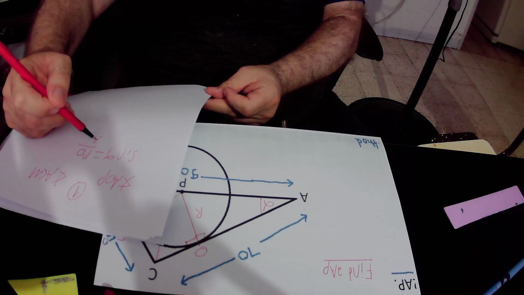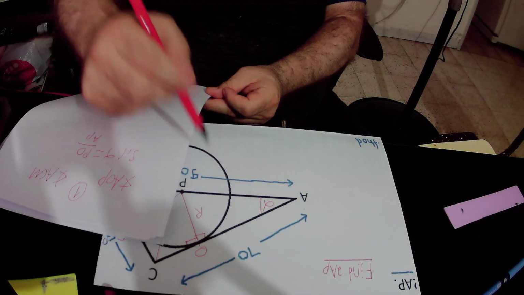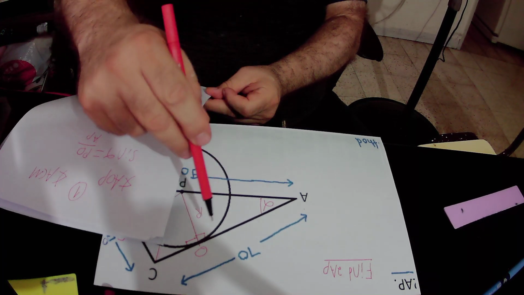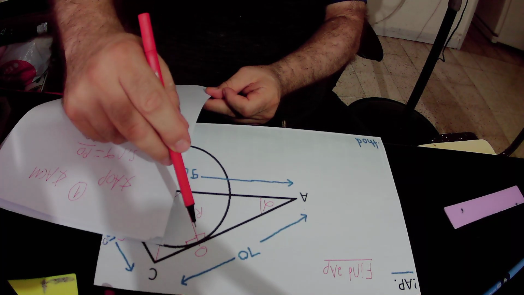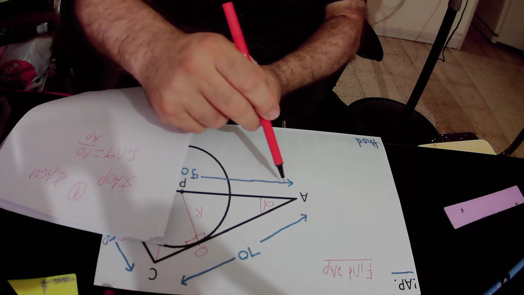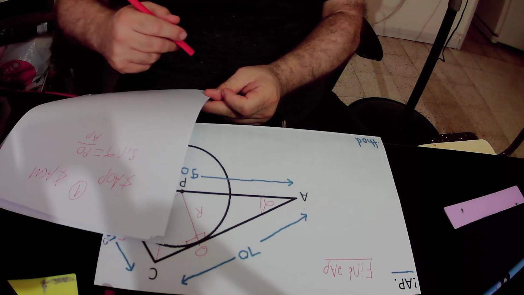AP is the hypotenuse of triangle AOP. So sine alpha equals PO over AP, the hypotenuse of triangle AOP.